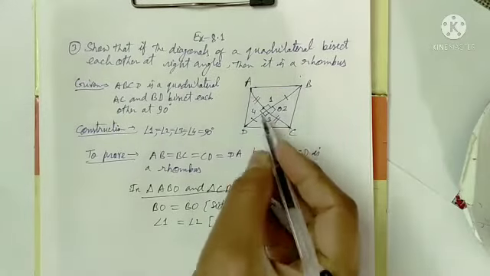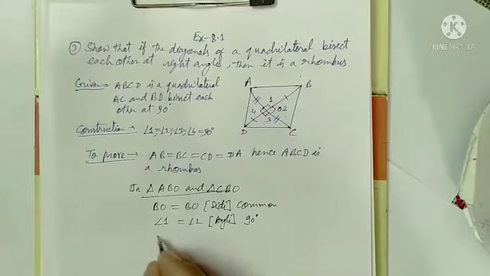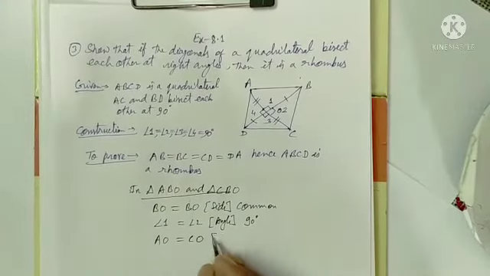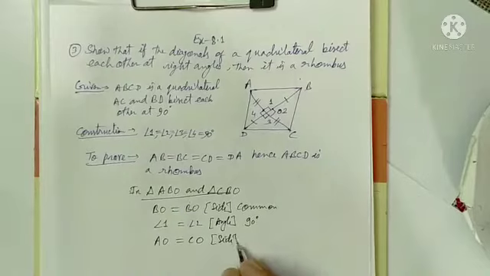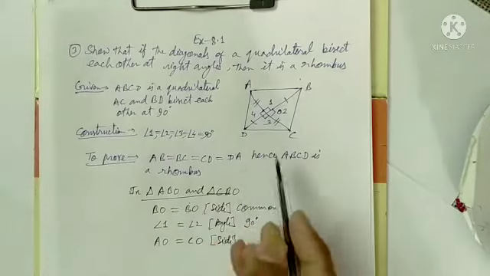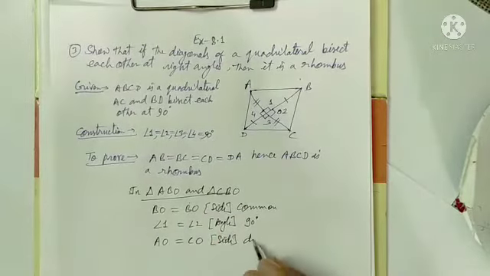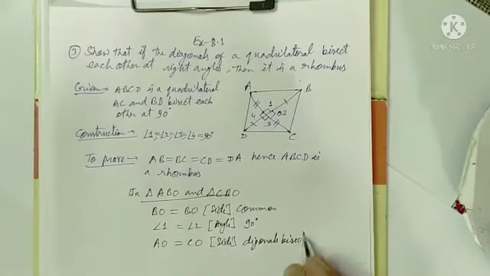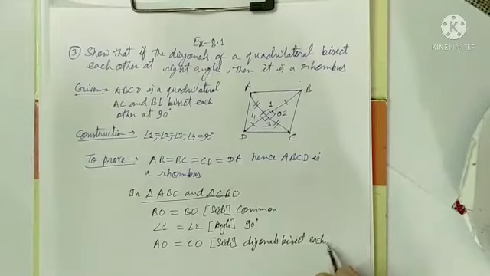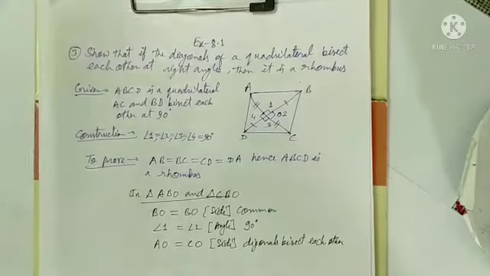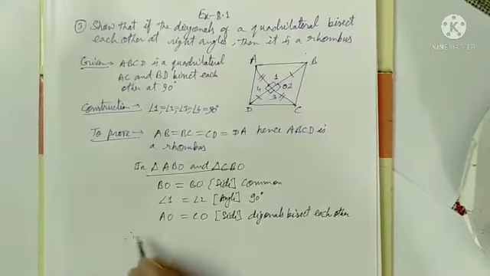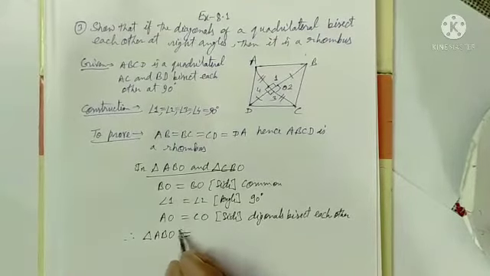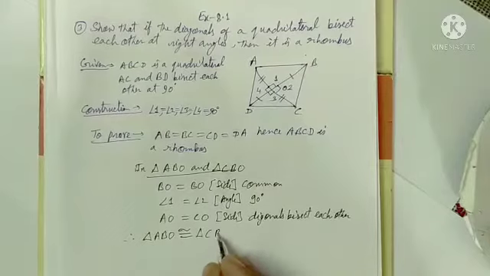Then AO is equal to CO. This is a side. And what is the reason? Because it is given that the diagonals bisect each other. That's why we have written that. So therefore you can observe triangle ABO is congruent to triangle CBO.